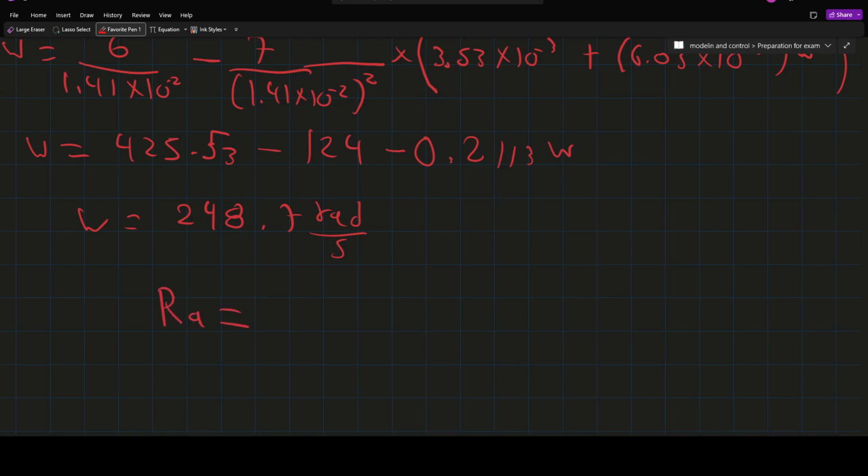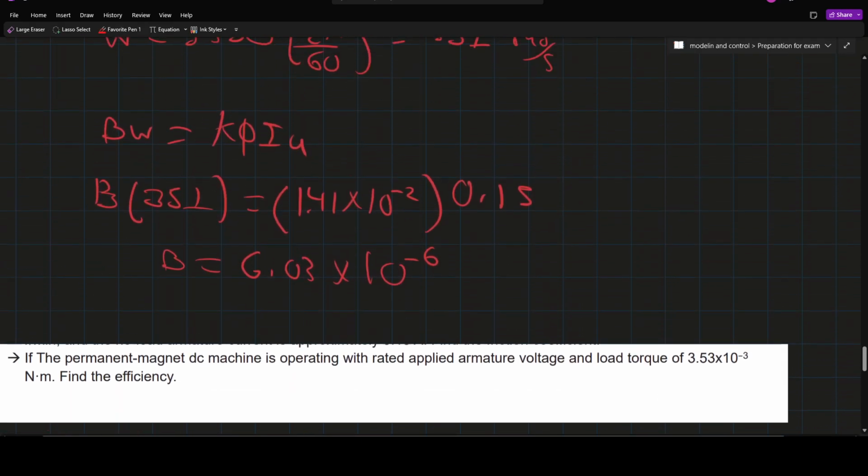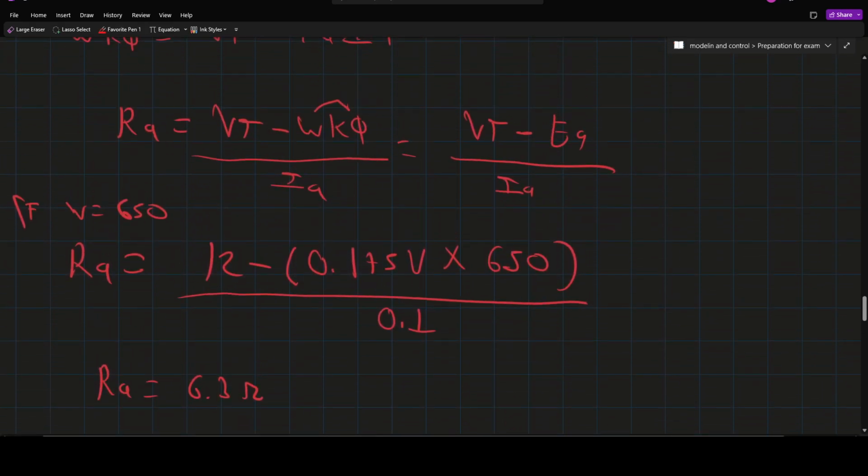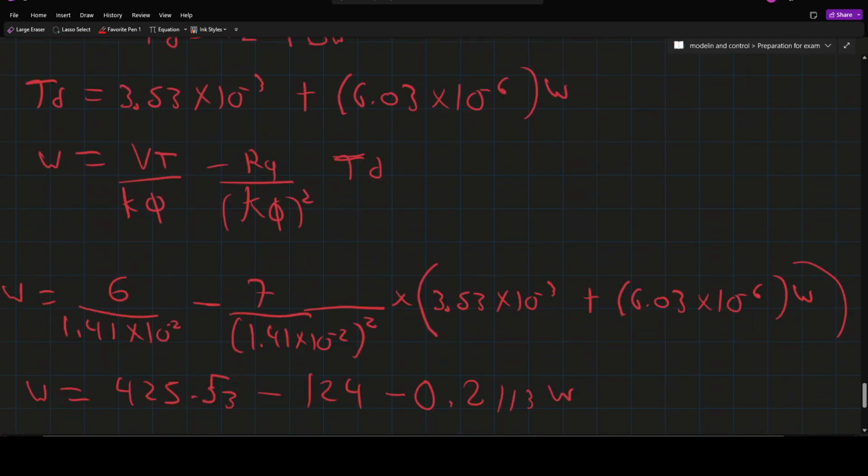So now that we have the speed, we can calculate the current. We figured out before that our resistance was our terminal voltage minus our K phi over IA. That's what we just figured out over here. Let me check, yes, this is what we found here.